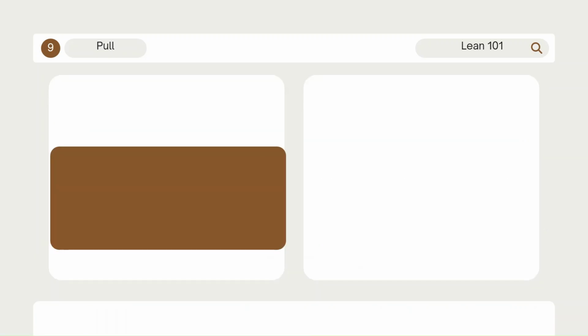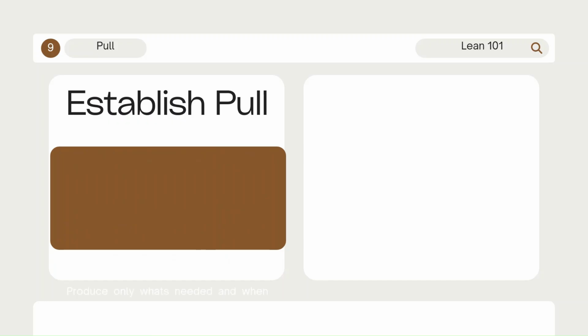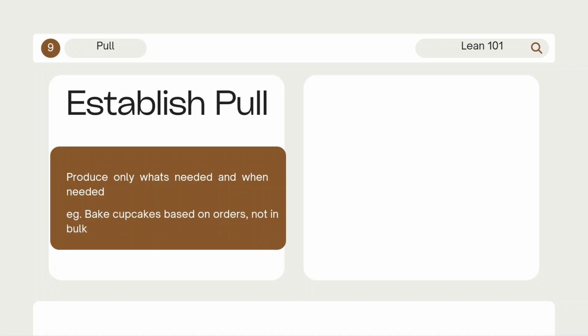Let's go to the next slide and understand pull, or establishing pull. Produce only what's needed and when needed. For example, bake cupcakes based on orders, not in bulk. So pull is basically market demand oriented. Whatever the market needs, you produce that.